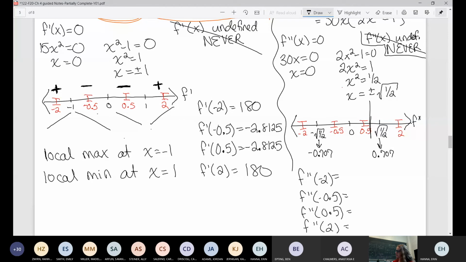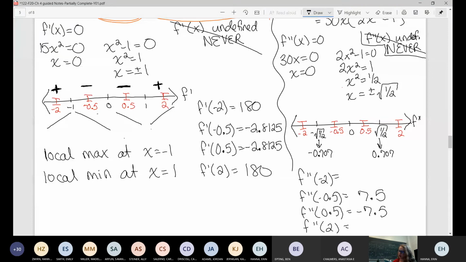My second derivative is 60x cubed minus 30x. When we plug in positive 0.5, we get negative 7.5. When we plug in negative 0.5, we get positive 7.5.